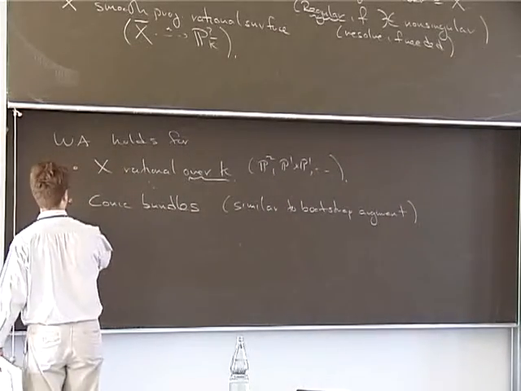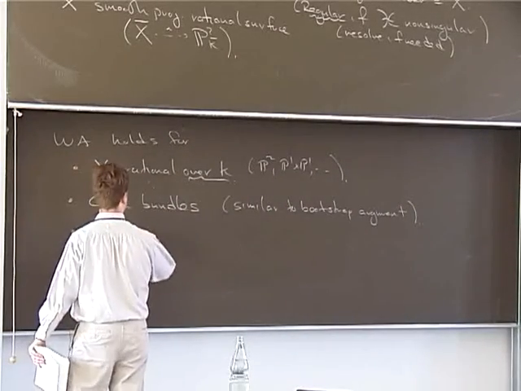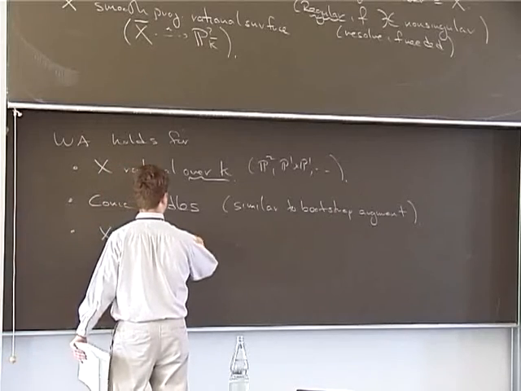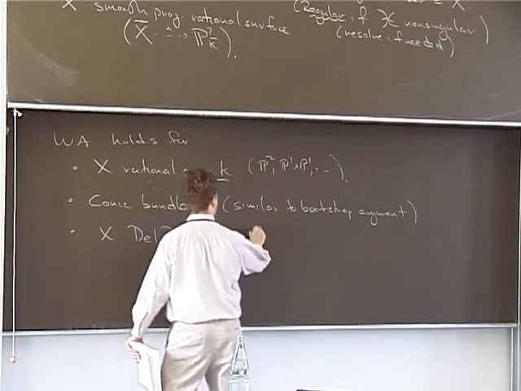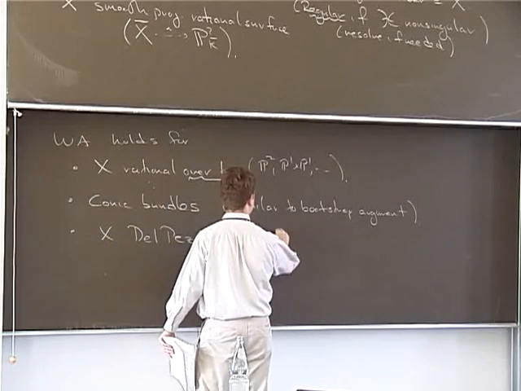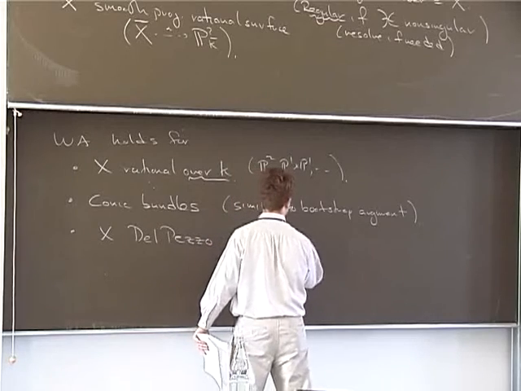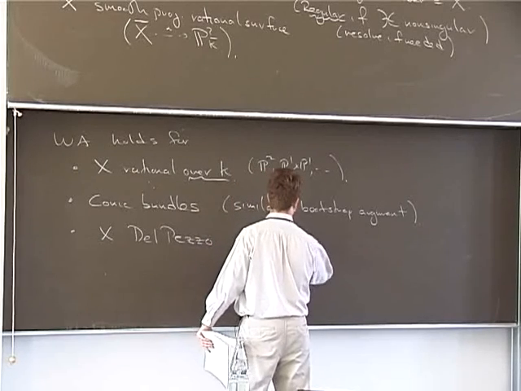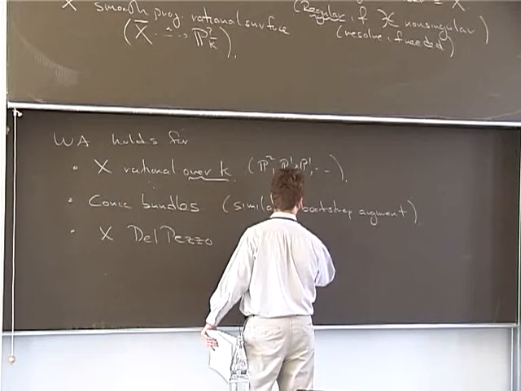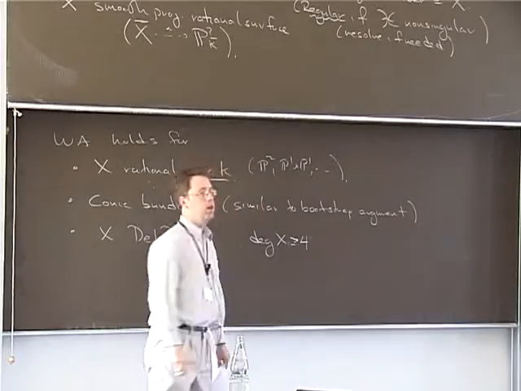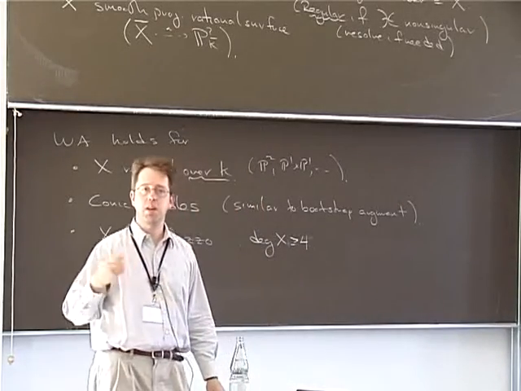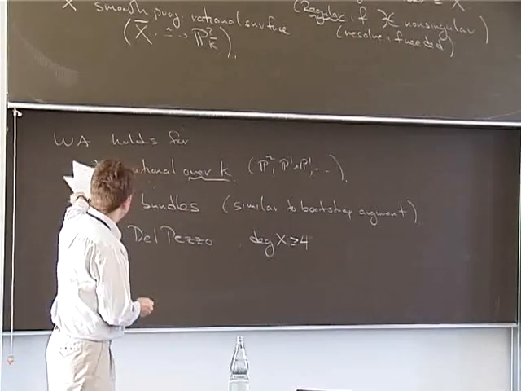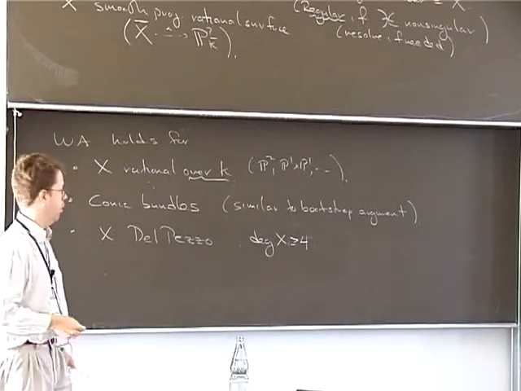Now, for Del Pezzo surfaces, it's fine provided the degree of x is greater than or equal to 4. Quartic Del Pezzo surfaces, quintic Del Pezzo surfaces, in all these cases, the result is known.